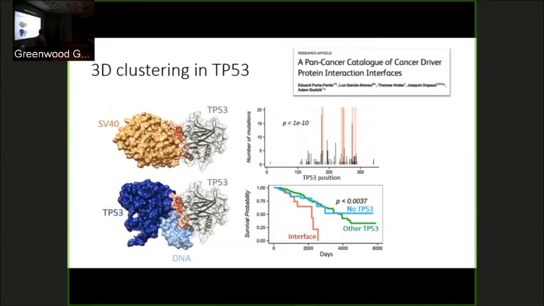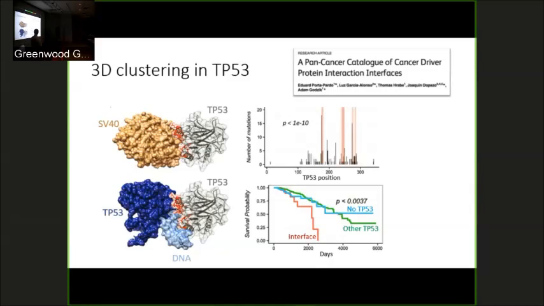This image doesn't display terribly well, but there are a number of black enrichment points that occur in this interaction interface, and this is thought to be highly statistically significant mutation clustering. Once again, this contributes to classifying variants, but moreover, it predicts the outcome in the patient.